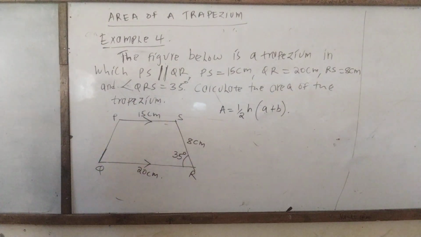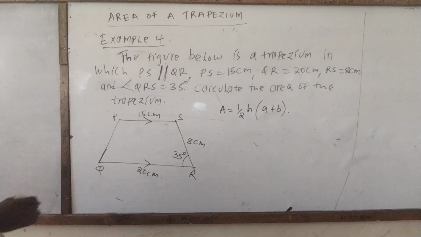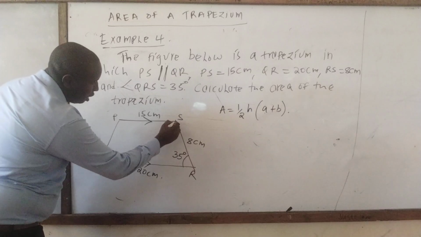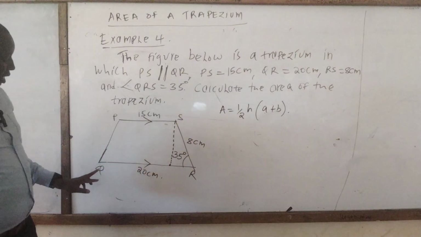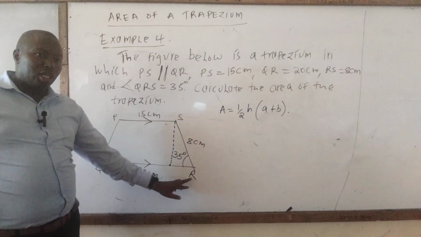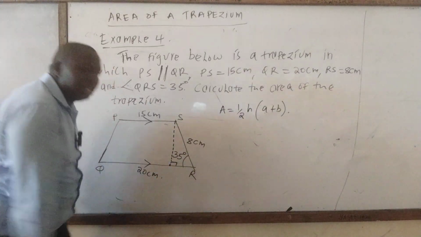Now, in this case, are we given the perpendicular height? No. So what are you supposed to do? You are supposed to drop a perpendicular from point S to cut the line QR, at an angle of 90 degrees.